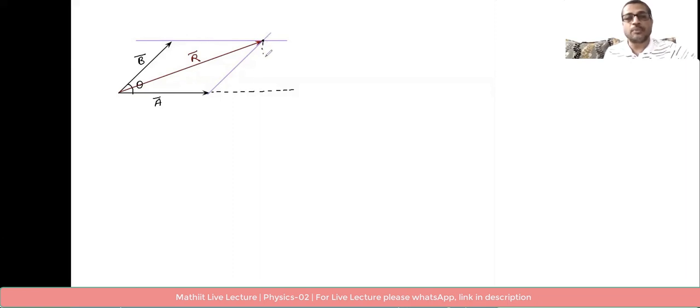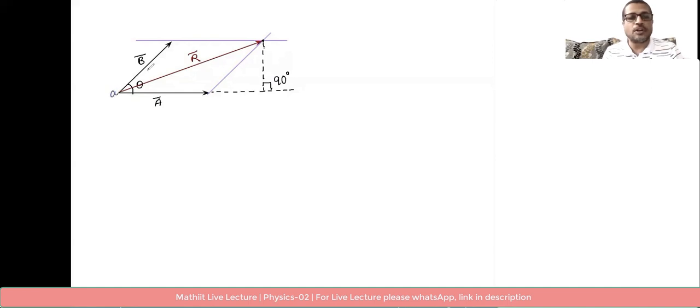Then we drop a perpendicular like this. Wait, let me just draw this once again. We draw a perpendicular from this. So this angle is 90 degrees. And now let us name them.